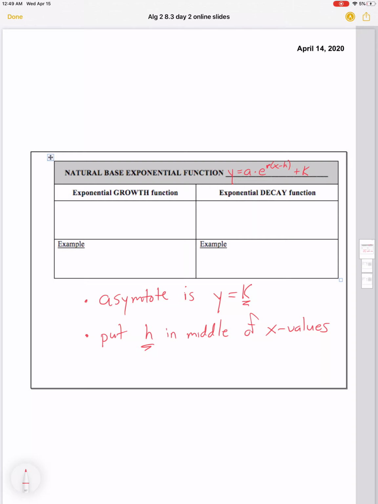All right. And when this is a growth function, it's going to look like this. When it's a decay function, it's going to be coming down like this. So growth is up from left to right, decay is down from left to right.